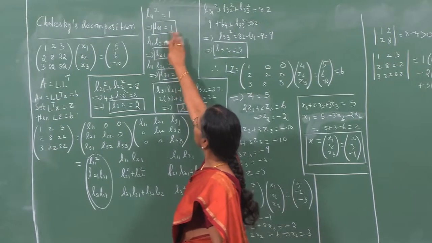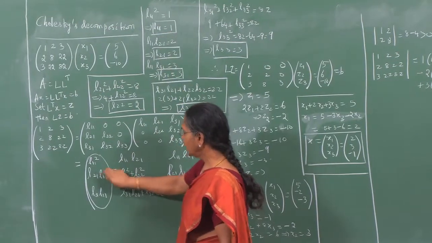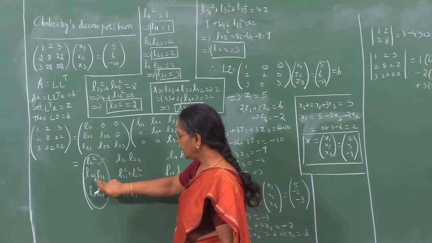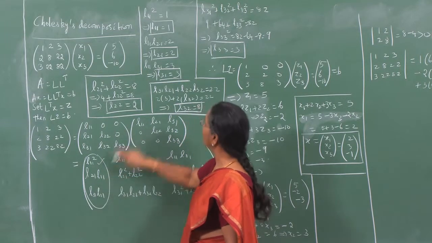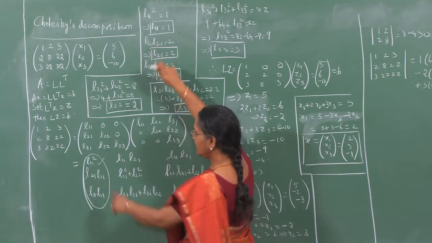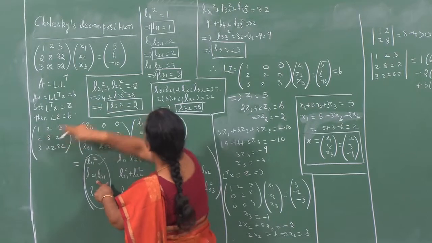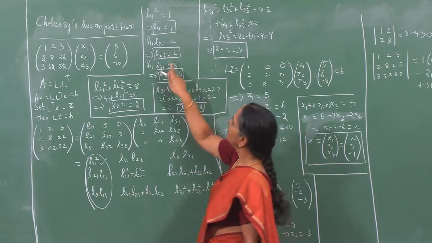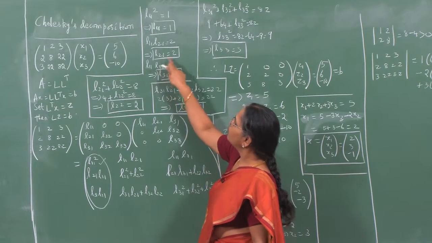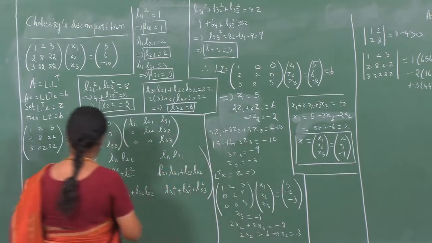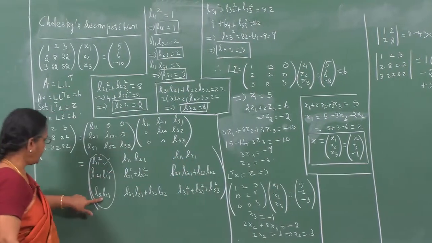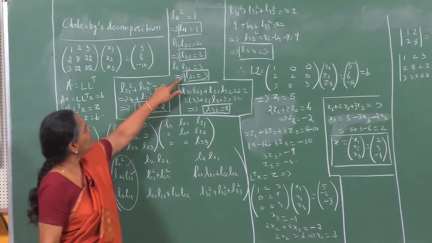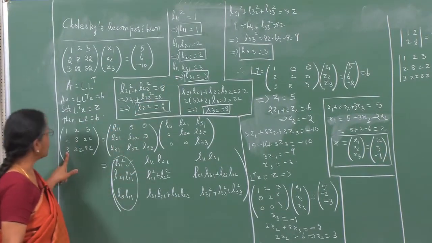So, L11 is 1. Then we move over to the element L21 L11, and that is equal to the corresponding entry here, which is 2. We have just now computed L11, so that gives you L21 to be 2, and then the entry here, which is L31 L11, must be equal to 3.